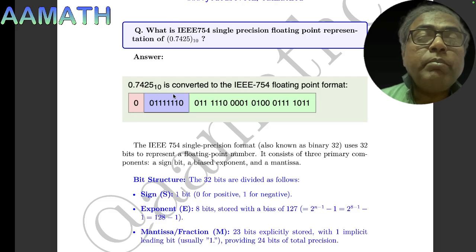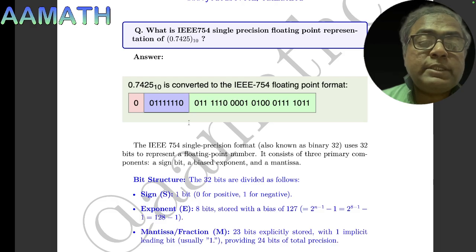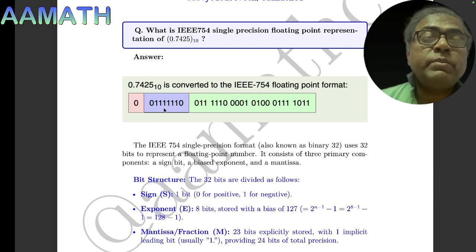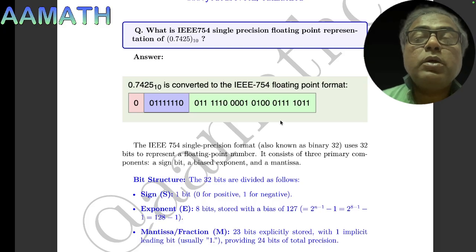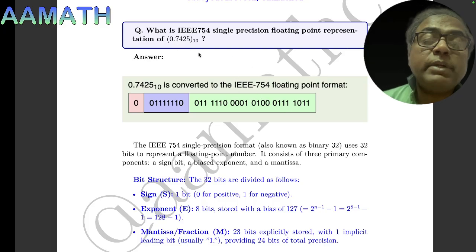And this blue color is the exponent part, the biased exponent, 8 bits reserved. And next, these 23 bits are for the mantissa, that is the fraction part of the number.